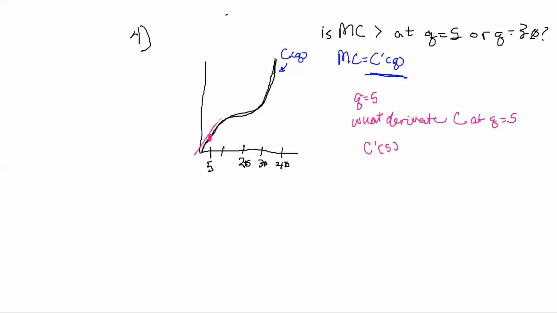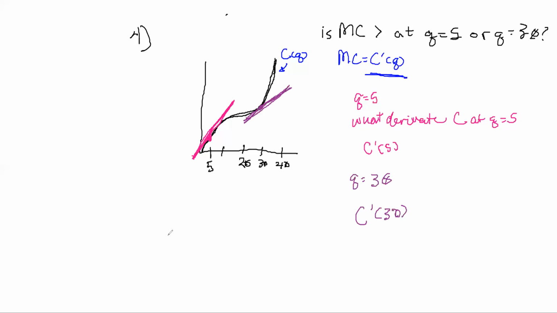It's going to be this positive slope here. And then I'm going to do the exact same thing for Q is equal to 30. I'm going to be finding C prime of 30. And so C prime of 30 is like this.